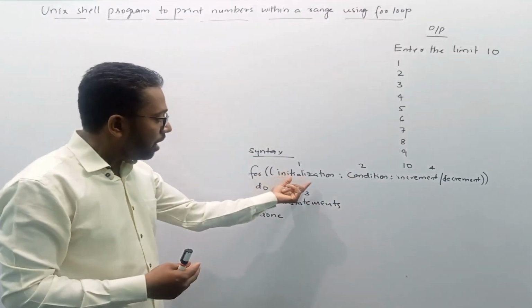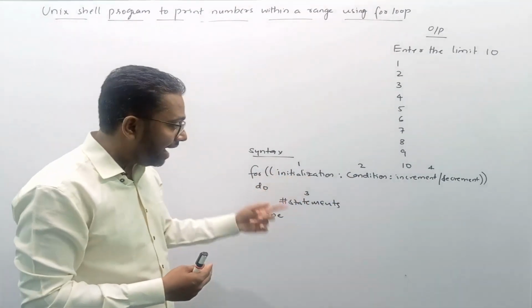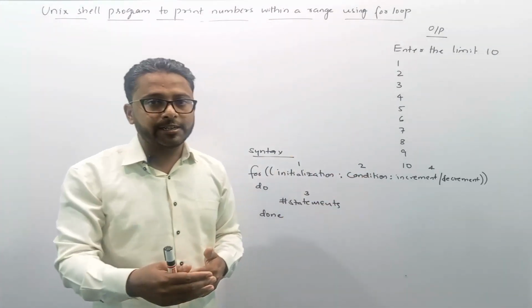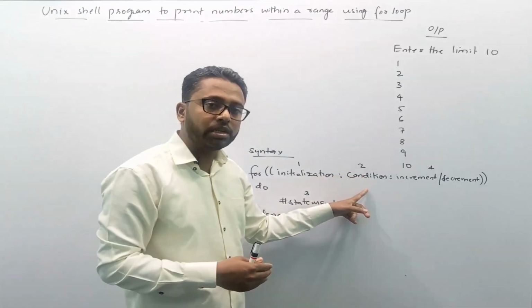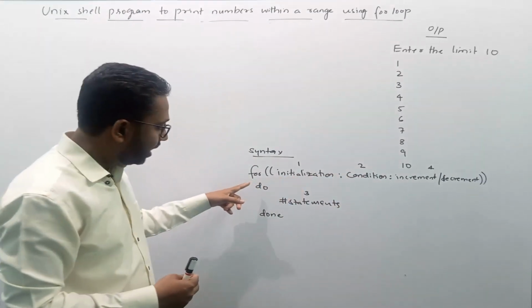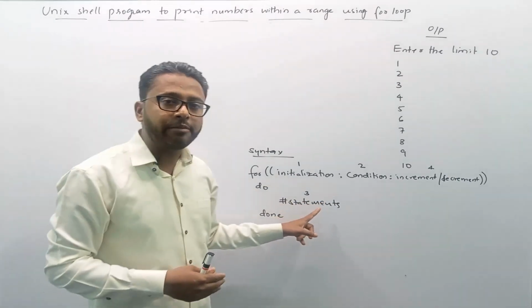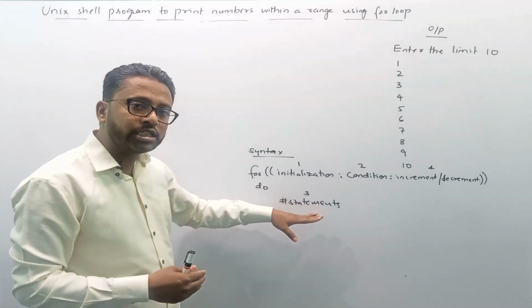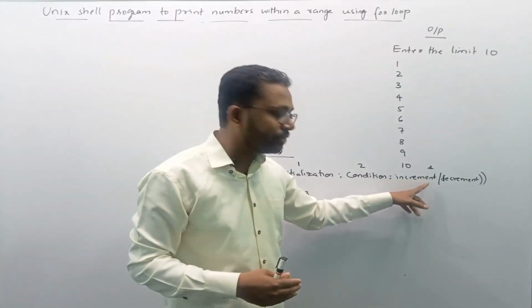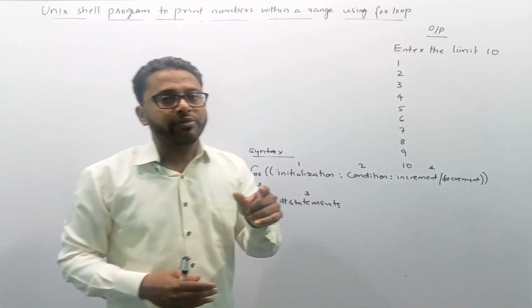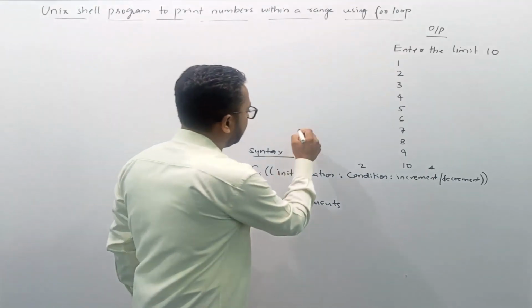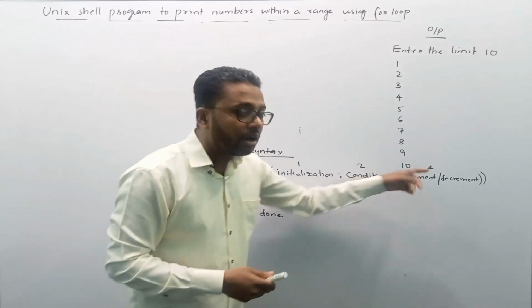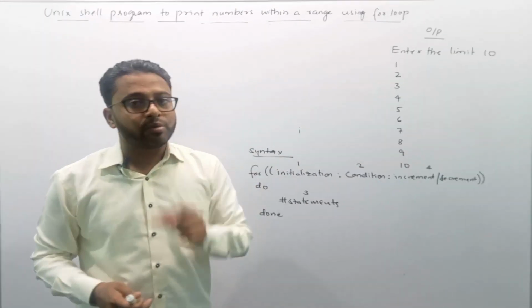The first part which gets executed is the initialization, and then control gets transferred to the second part where the condition gets checked. If this condition becomes true, then control will come inside the for loop to execute these statements. This is the third part which gets executed. Once these statements get executed, control gets transferred to the fourth part, where the value of the variable, let us say i, gets either incremented or decremented based on the type of program we are writing.